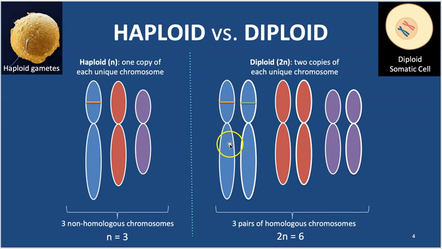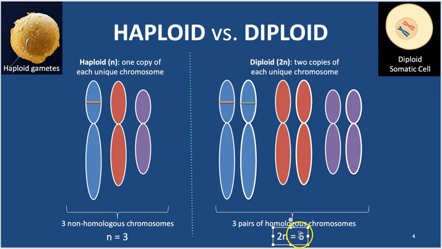Diploid now, you can see you still have those original 3 that were in the haploid cell, but now you've added another version of each of the chromosomes. So now there's a pair of each chromosome. And so we would now say that that's 3 pairs of homologous chromosomes. And the standard for writing that down is 2n equals 6.